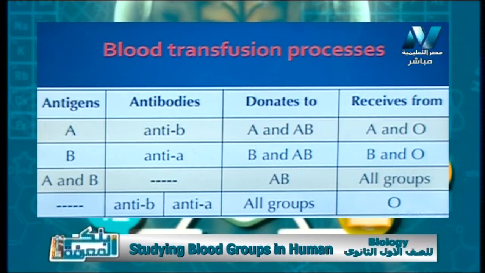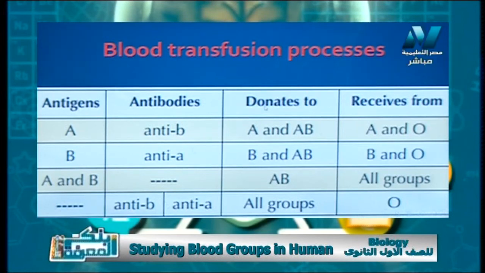These are the antigens A and B, and O, and these are the antigens according to the blood groups. And the antibodies: in blood group A there is anti-B, blood group B anti-A, blood group AB has no antibodies, but blood group O, the last one, has antibody A and B.